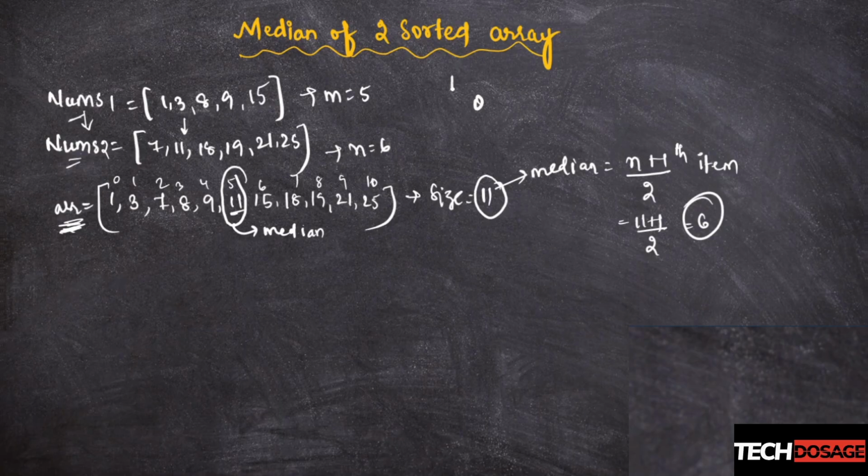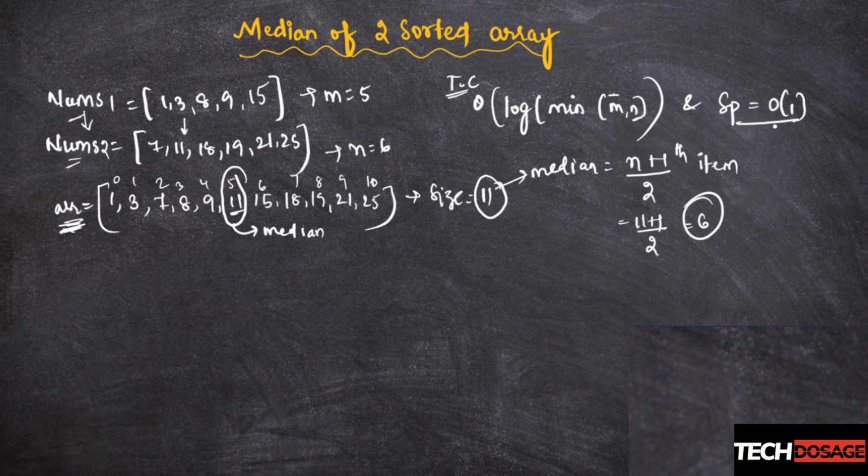The time complexity I am going to take is order of log of minimum of m or n, where m is the size of the first array and n is the size of the second array. And the space complexity in my case will be order of 1. I'm going to show you how to do this task in these time and space complexities because the previous solution has higher space and time complexity. So let's see how to do that without any delay.